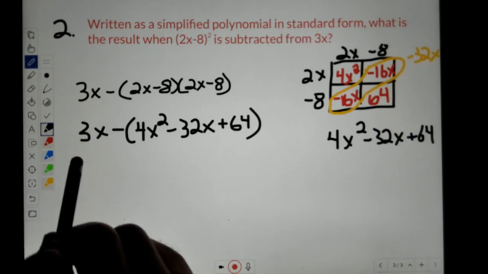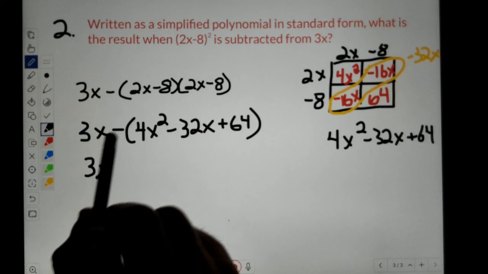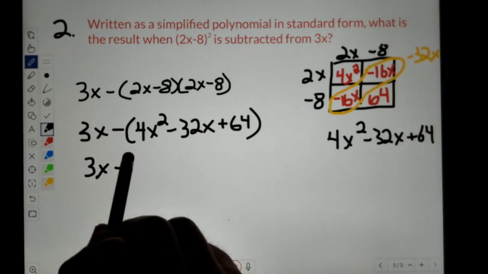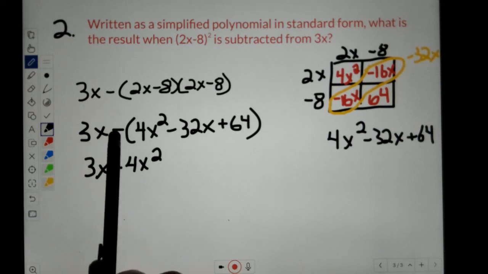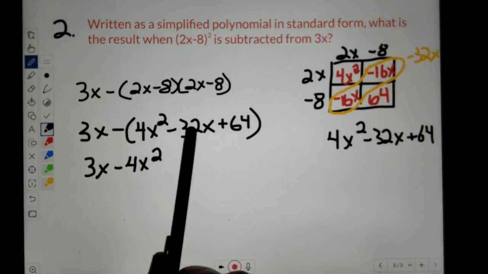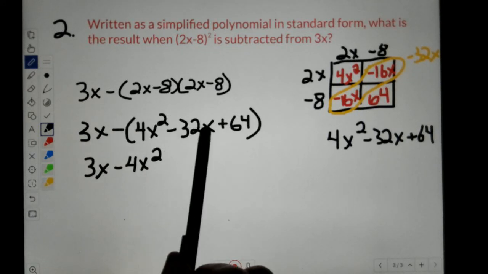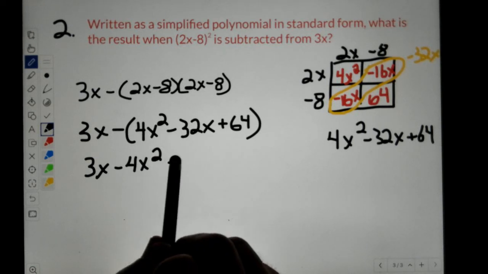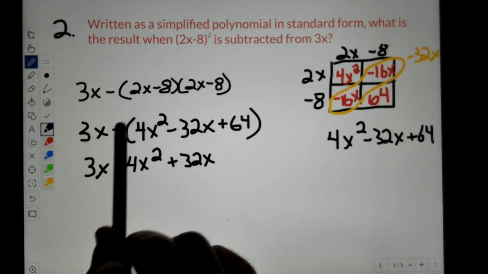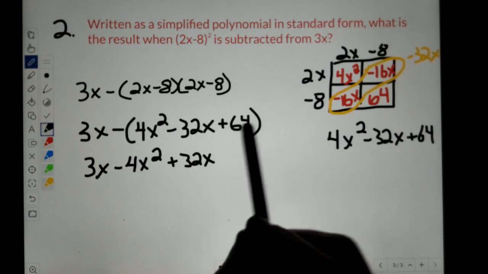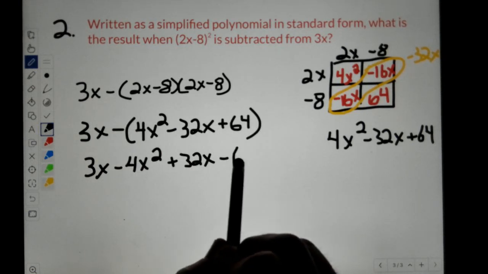I'm going to rewrite this. So 3x and then minus 4x squared, and then minus negative 32. Minus a negative 32x becomes plus 32x, and minus a positive 64 is minus 64.